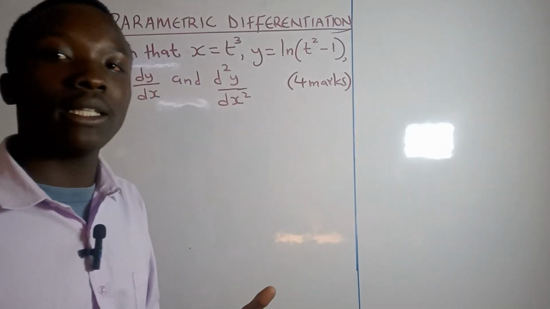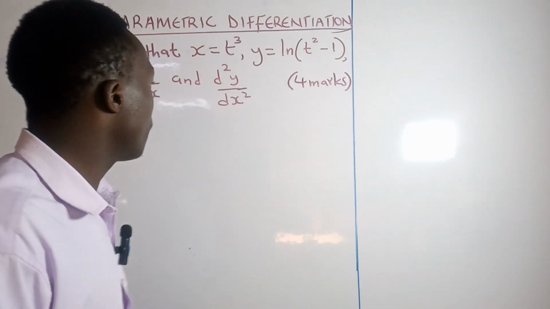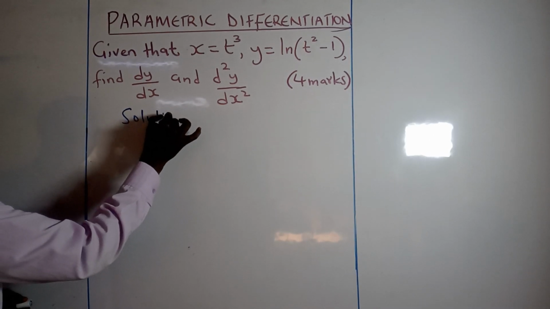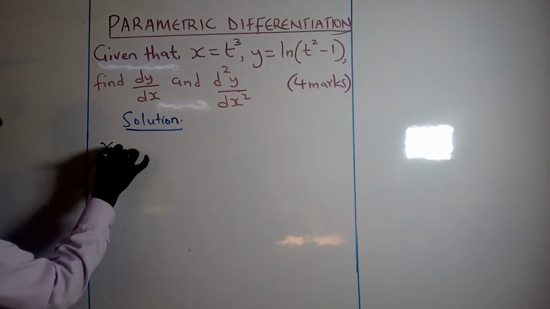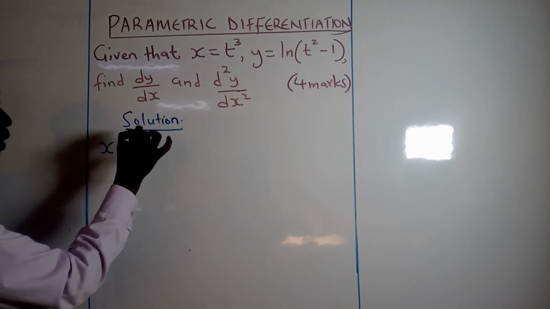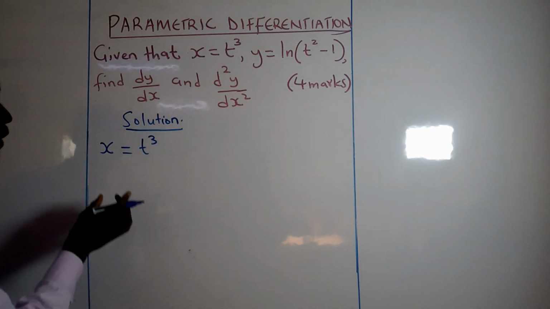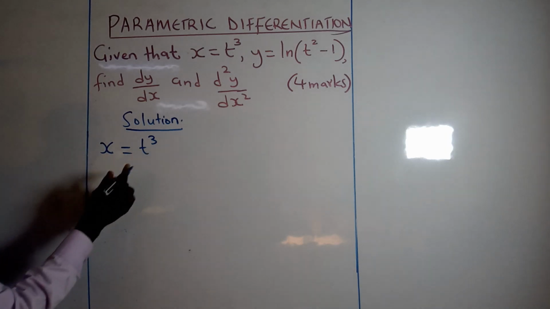So for us to get the first derivative in our solution, we are going to take our first function and differentiate x with respect to t.